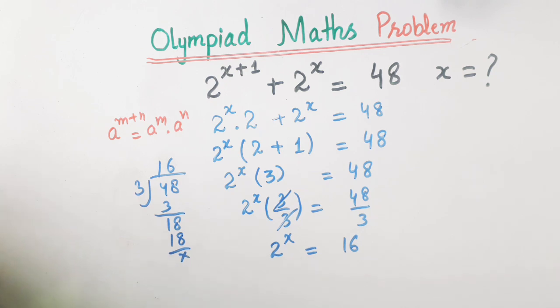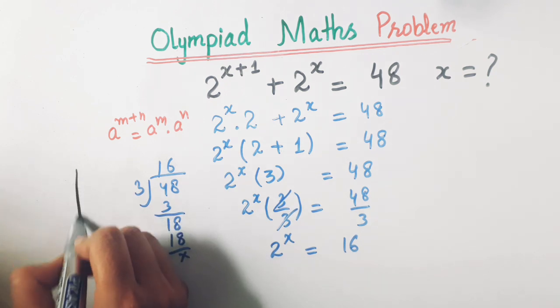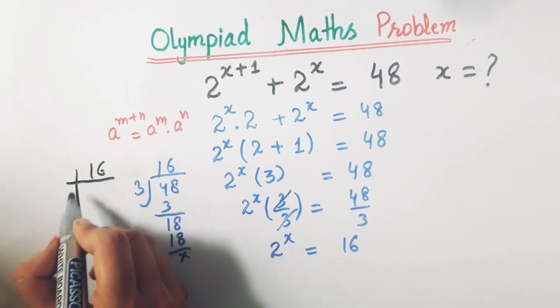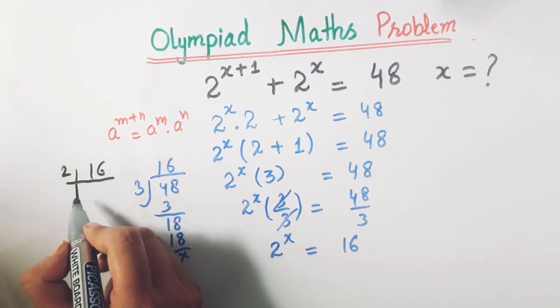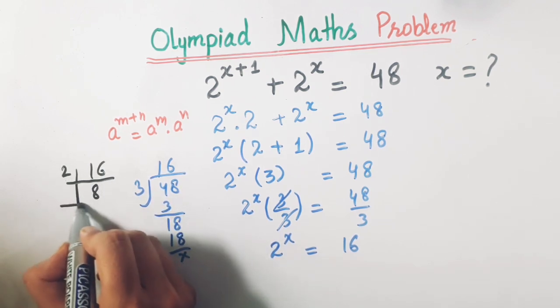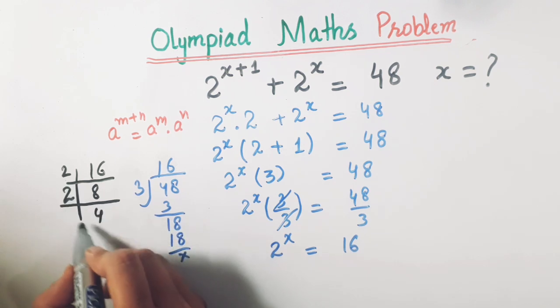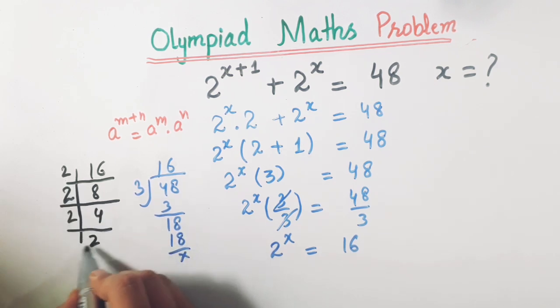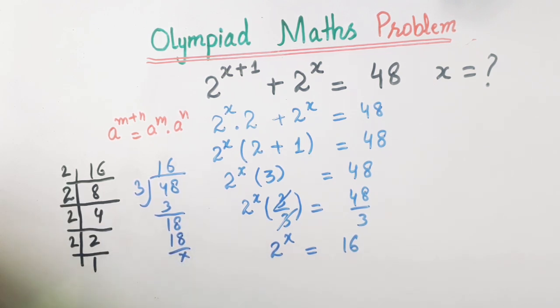Now we will take the LCM of 16 and see what happens. So 16 divided by 2, we will get 8. Then 2 4s are 8, 2 2s are 4 and 2 1s are 2.